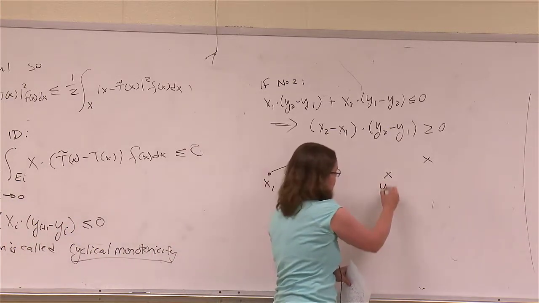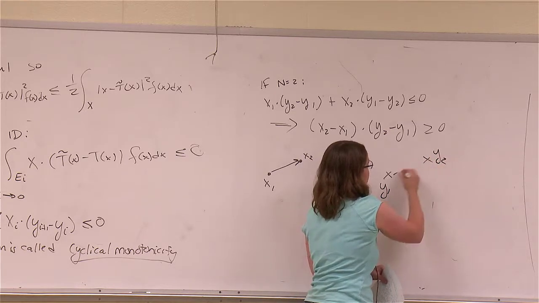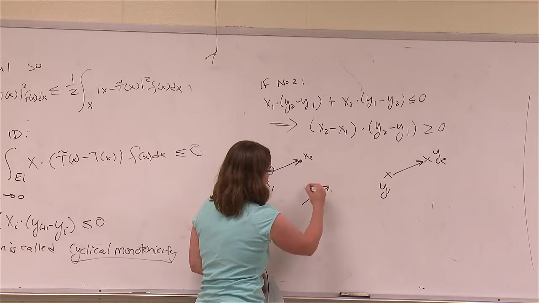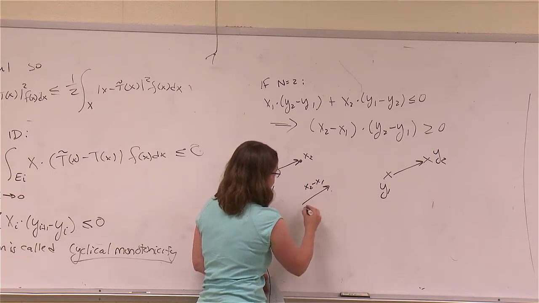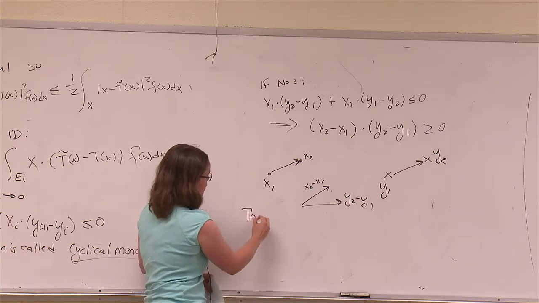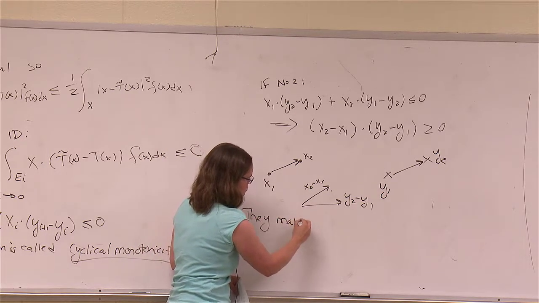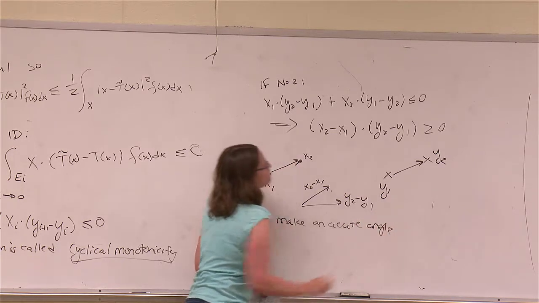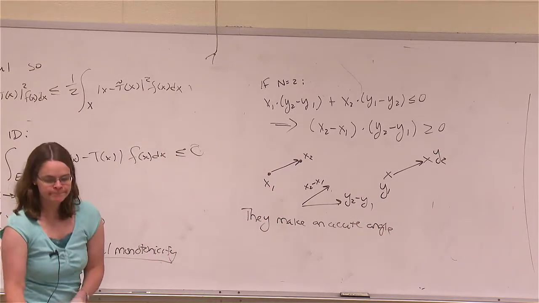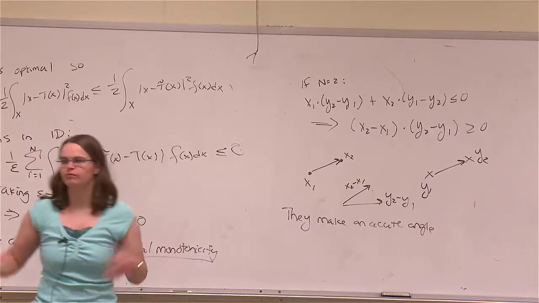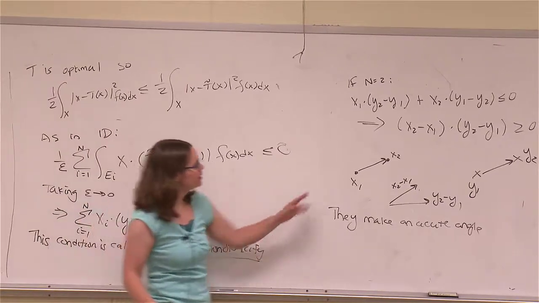So that means that this is my y1 and this is my y2. If I superimpose these, this is x2 minus x1, and this is y2 minus y1. They make an acute angle. Okay, so this is kind of intuitive based on what we learned from the book moving problem.